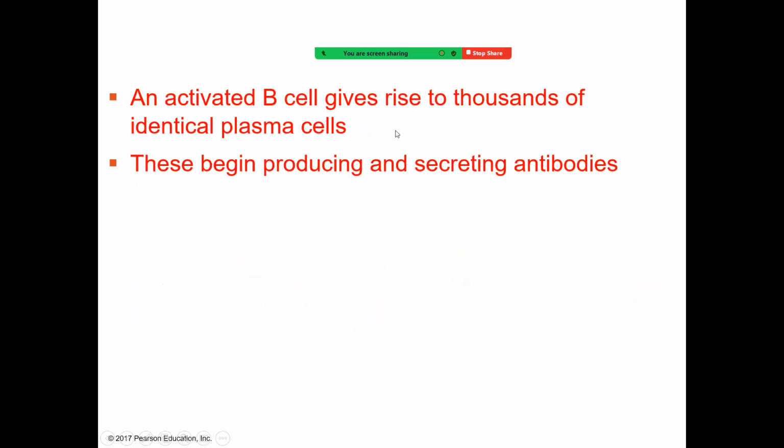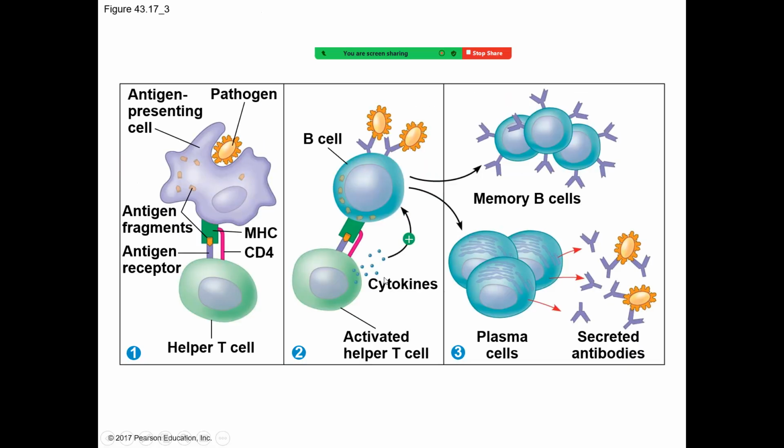This activated B cell is then going to give rise to thousands of identical plasma cells. Again, this is the clonal expansion process. And once that happens, these become effector cells that are going to produce and secrete those antibodies.